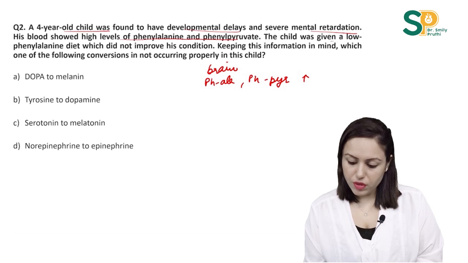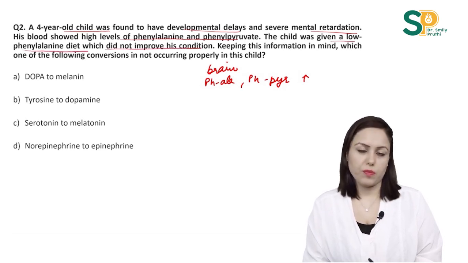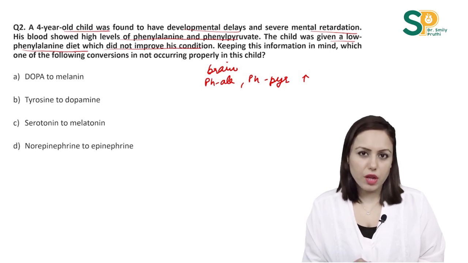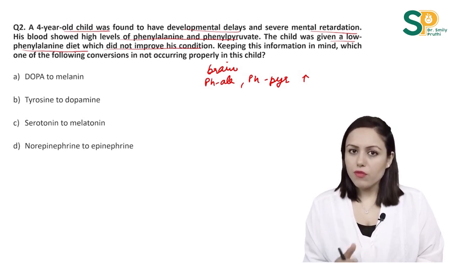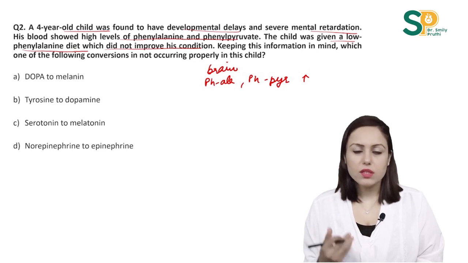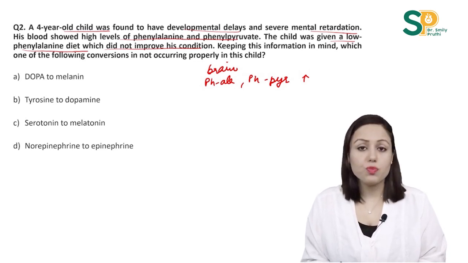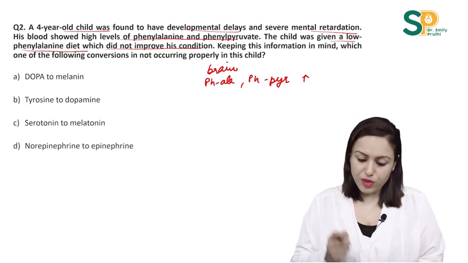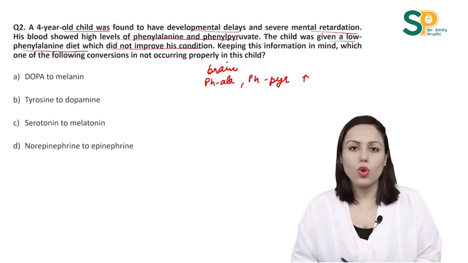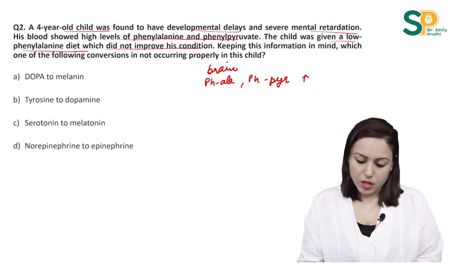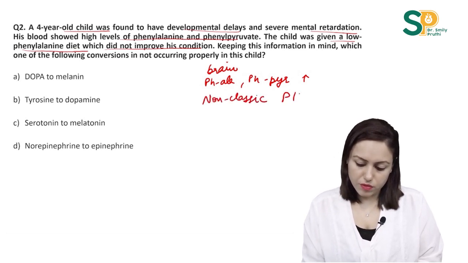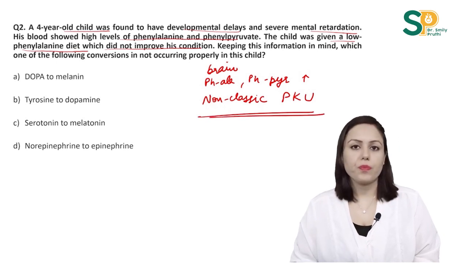The child was given a low phenylalanine diet which did not improve his condition. In classic phenylketonuria, if we give a low phenylalanine diet, the patient improves. But in this case, they are saying that this patient was given a low phenylalanine diet which did not improve his condition. Means it's a case of non-classic phenylketonuria.